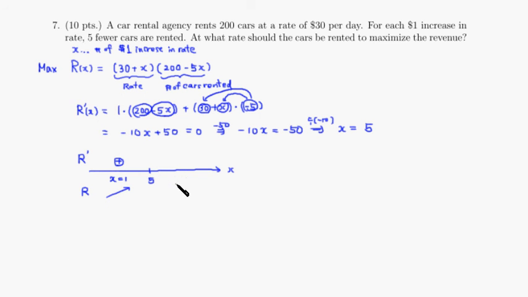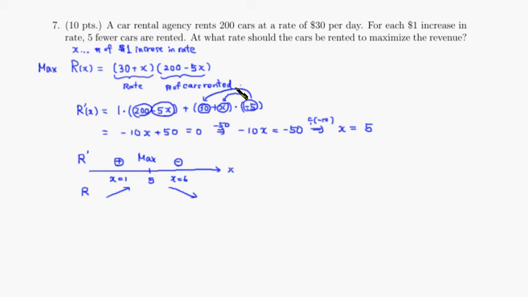After 5, I'll try 6. You put 6 here, negative 10 times 6 is negative 60, plus 50 is negative 10, so it's negative. So the original function is decreasing. So we know that x equals 5 will have a maximum.